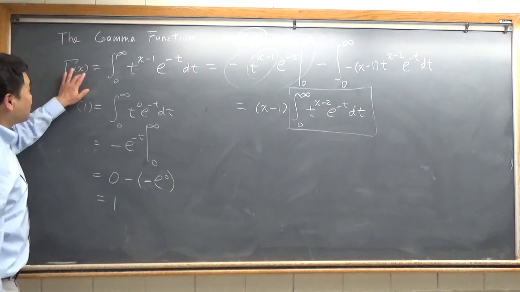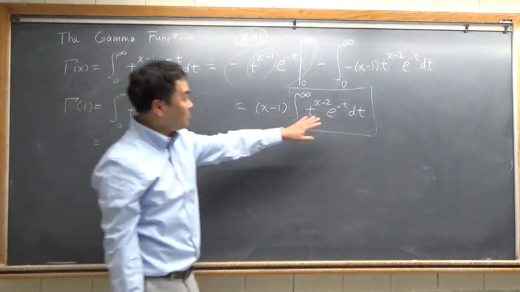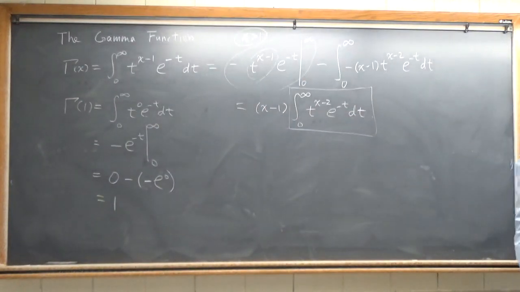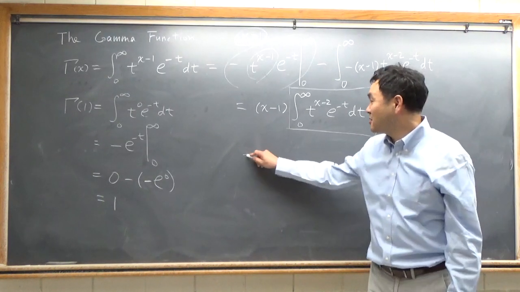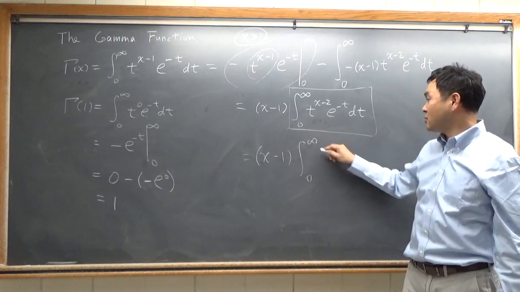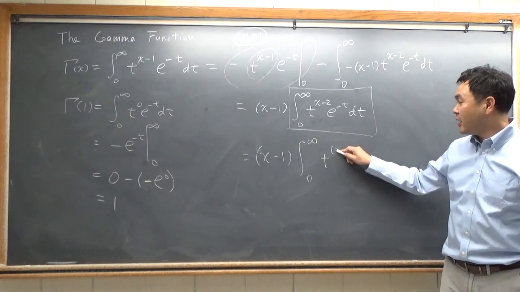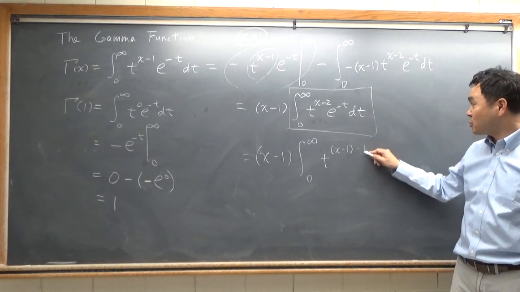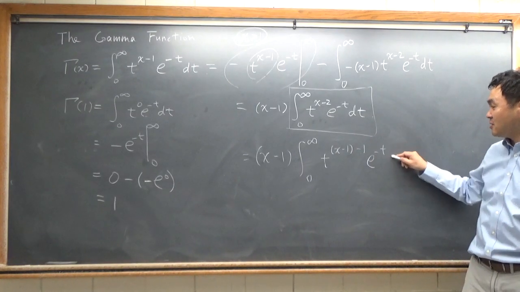So if this is gamma of x, what would this be equal to? Well, here's the hint. It's x minus 1 times the integral from 0 to infinity of t to the x minus 1 minus 1, e to the negative t dt.